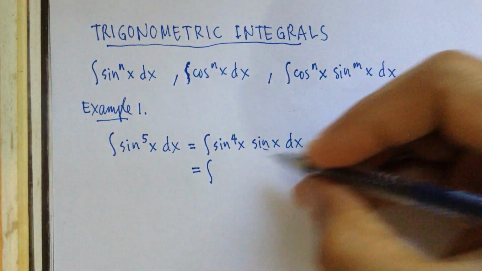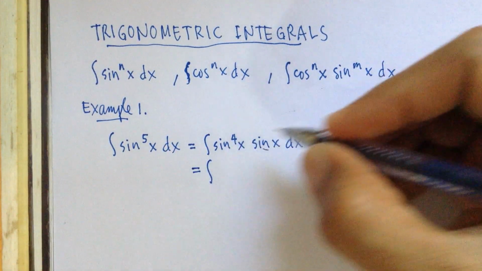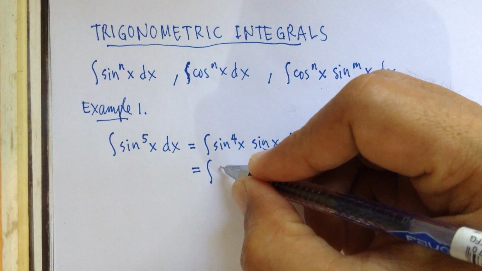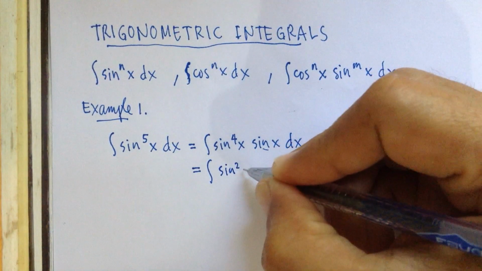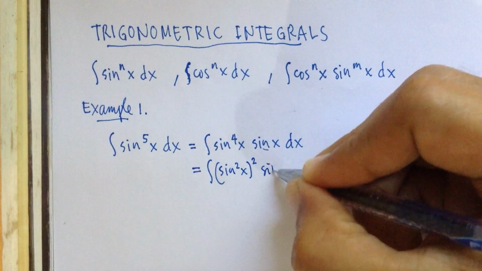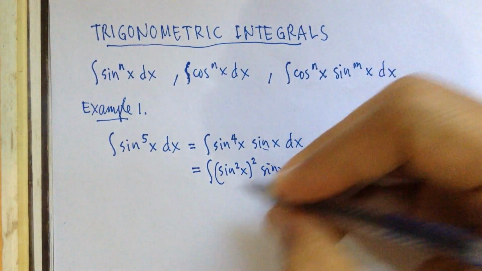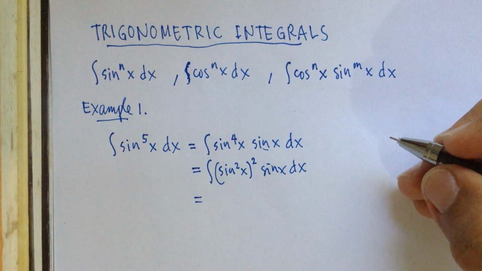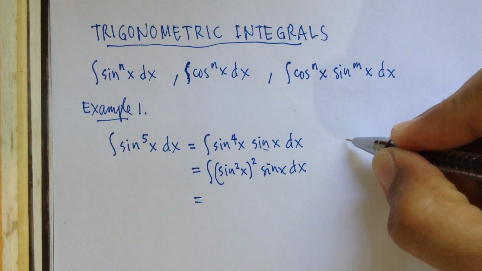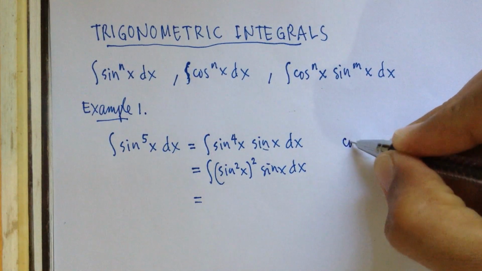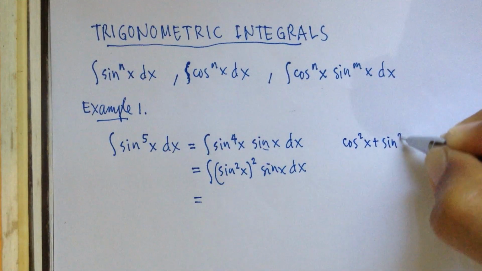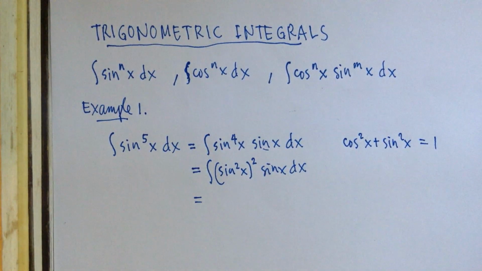Well, you can write sine to the 4th of x as sine squared of x, squared, times sine x dx. And then we'll make use of the familiar identity from trigonometry that says cosine squared x plus sine squared x is equal to 1, right?